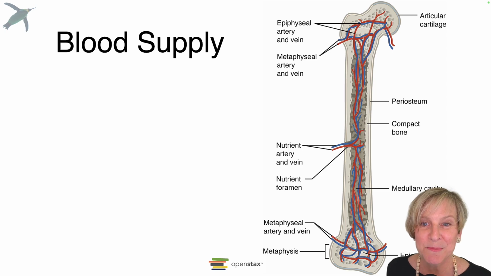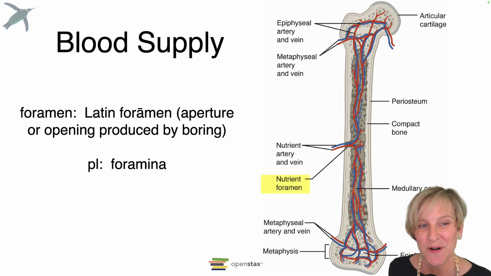And here you can see the blood supply. Bone is not particularly well vascularized compared to other tissues. But of course, the bone cells need a blood supply, just like any other living tissue. By the way, that word foramen is one you're going to start to see a lot when you start learning bone. It means a hole or an opening. The plural is foramina.